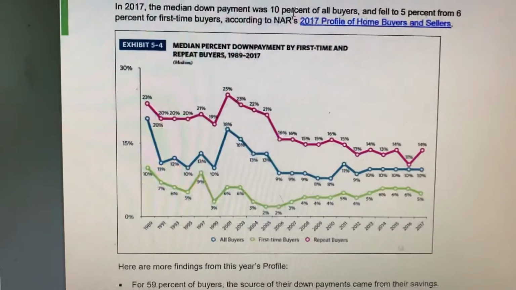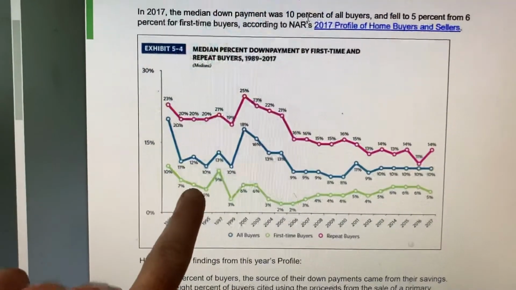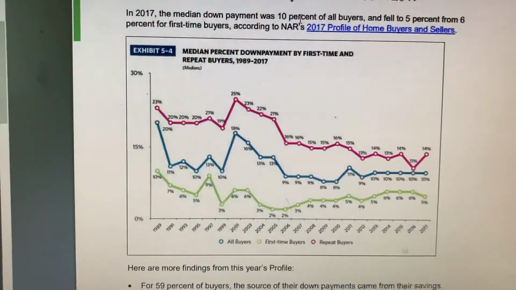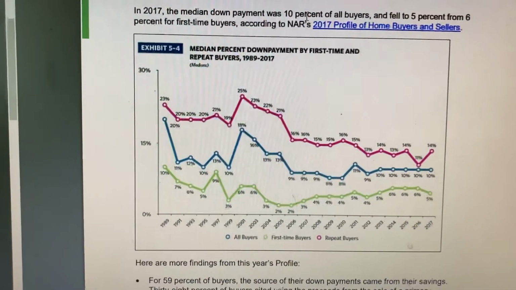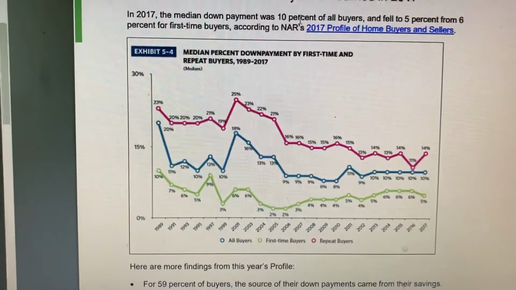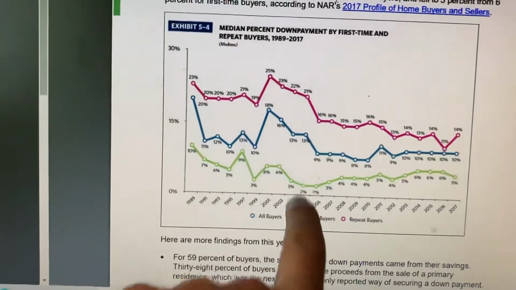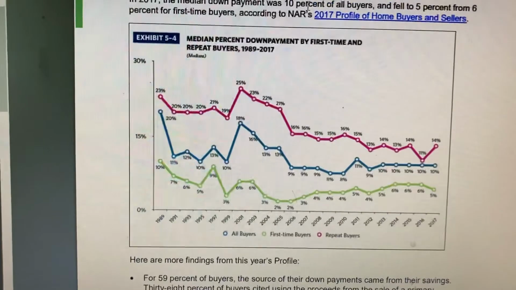On the other hand, first-time home buyers have much lower rates. So you're going to see a lot of FHA loans in here. And you can see the trend, especially obvious here with the first-time home buyers. This average rate is dropping through time as we go up to the Great Recession. And look at this.